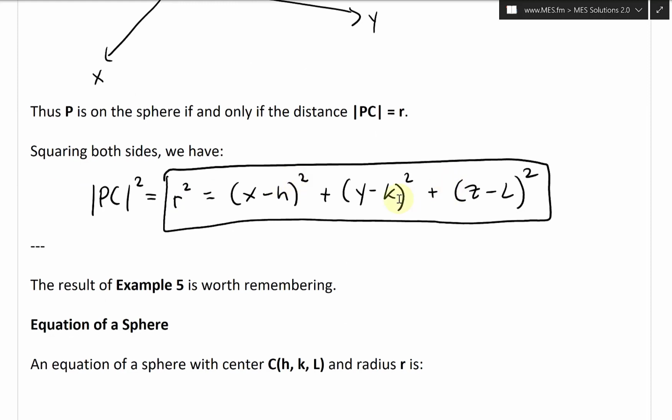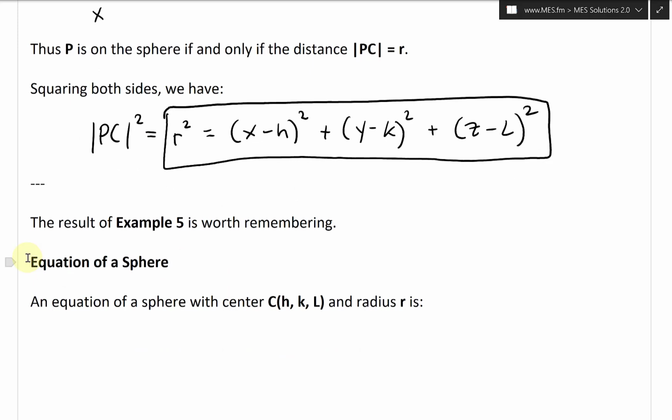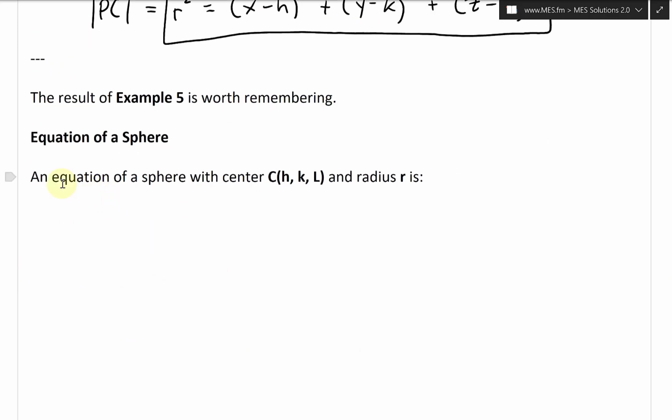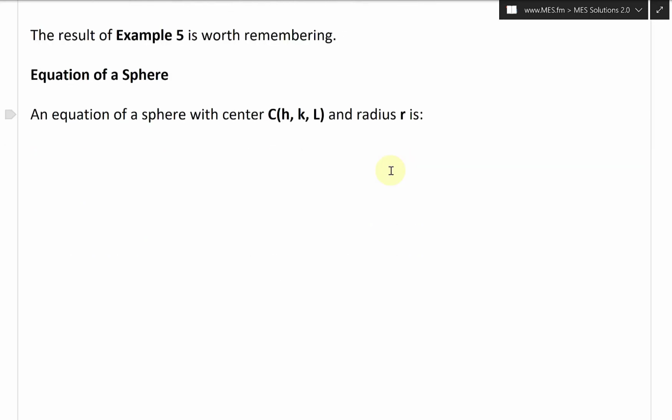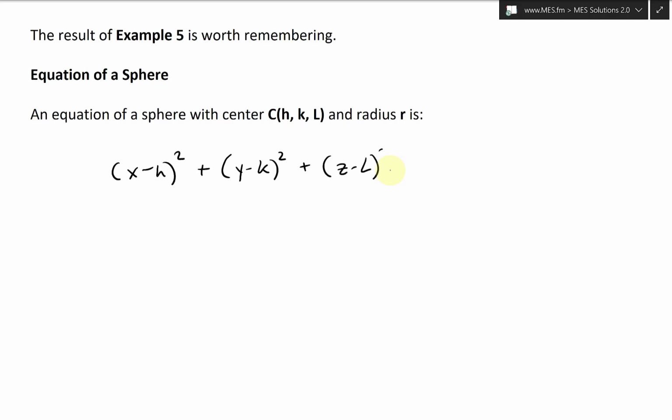All right, so now that we have this, the result of example 5 is worth remembering. So we'll call this the equation of a sphere. An equation of a sphere with center C, H, K, L, and radius r is x minus h squared plus y minus k squared plus z minus l squared equals r squared.